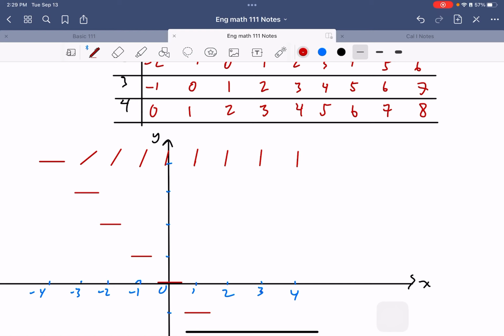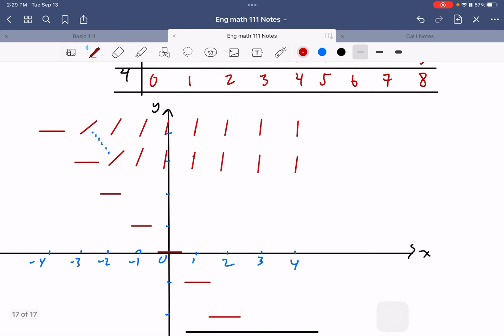And then same way when you have this, it will be the same as this one, right? We have the pattern. I hope it's clear, because it's difficult to draw manually. And then this is also the same.